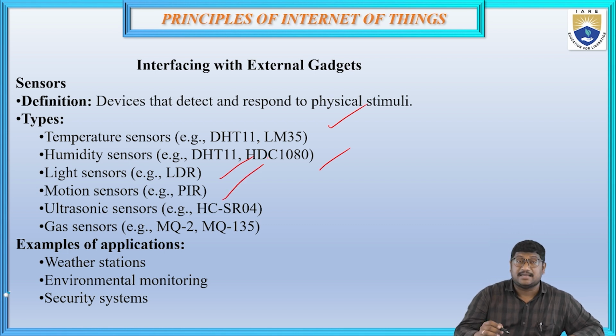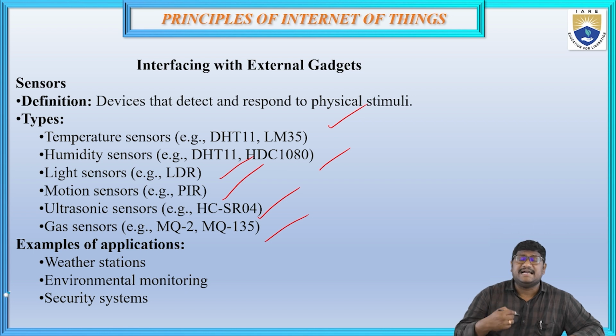Coming to motion sensor, example PIR sensor. These are the shortcuts, guys. And coming to ultrasonic sensor, the best example is HC-SR04. And coming to gas sensor, MQ2 and MQ135. These are the different types of sensors which are utilized for communicating with the external gadgets.